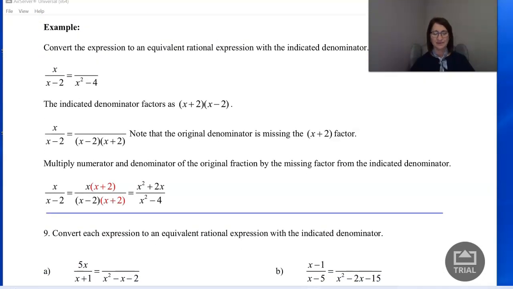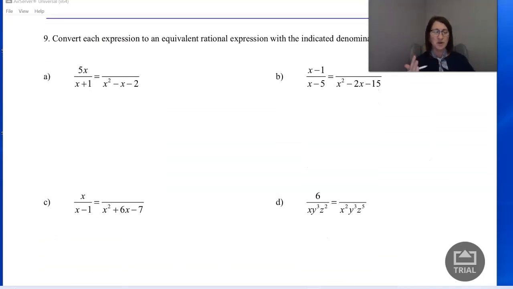Same process. Actually, I think you can go through that example yourself. Let's just go right here to 9a. The first thing we want to do is take that denominator and factor it.